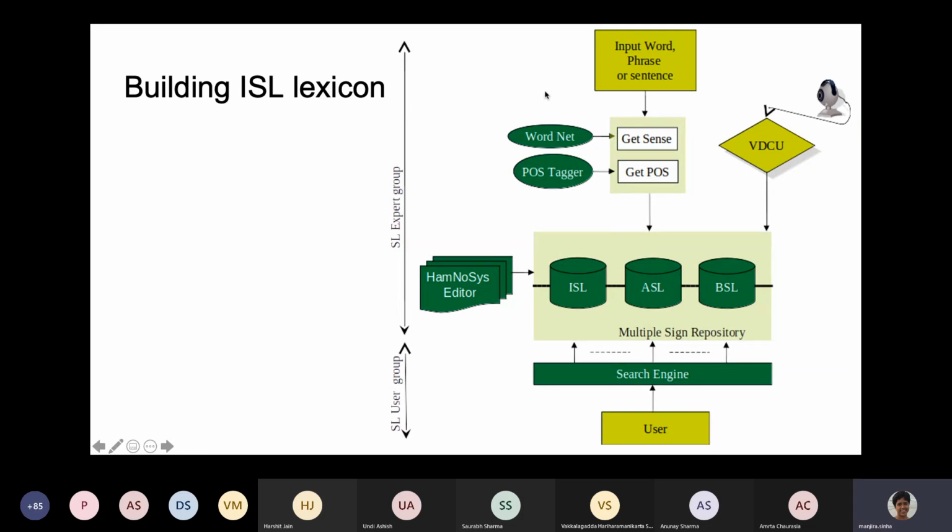It is just like English, where there are trained linguists who know the grammar and the language specificity of English better than us. So how do we come up with this lexicon?